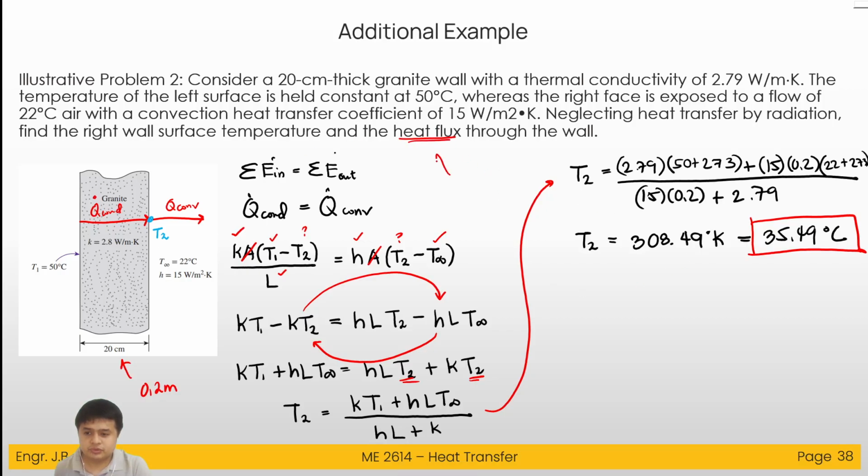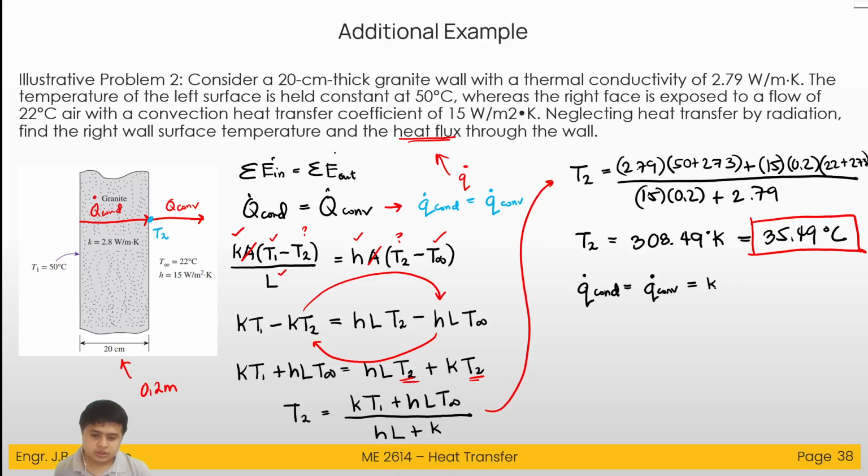So actually we're trying to find small q, right? Since we don't have the given area, this is also consistent when we're talking about heat fluxes. So Q cond is also the same as Q conv. So to find Q cond, which is also the same as the heat flux in convection, we can use either of these two, you have kA or hA, the formula here.